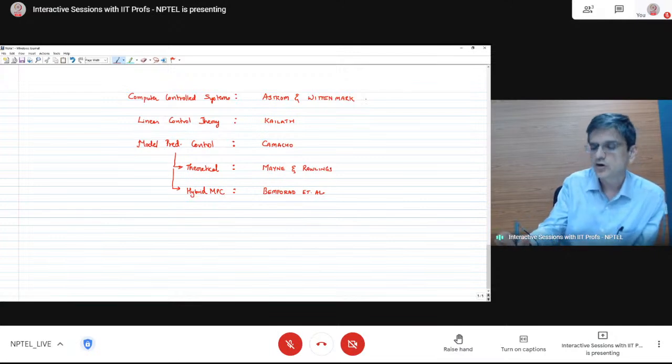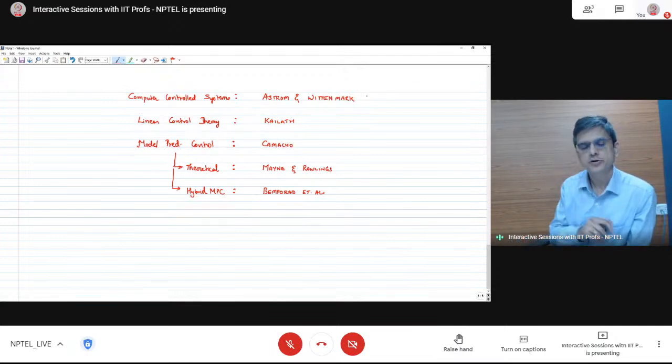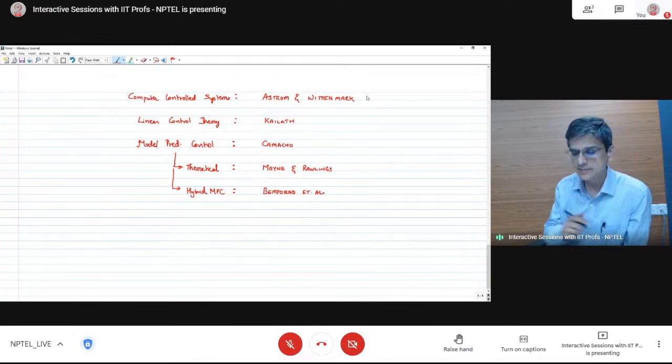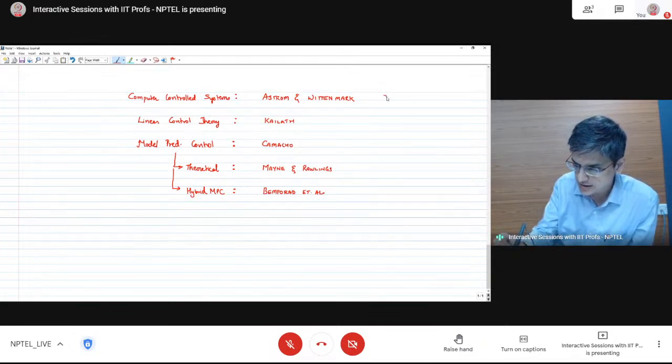Now, if you want to really understand the MATLAB implementation, the things that are covered in these two books will be covered using Control System Toolbox.